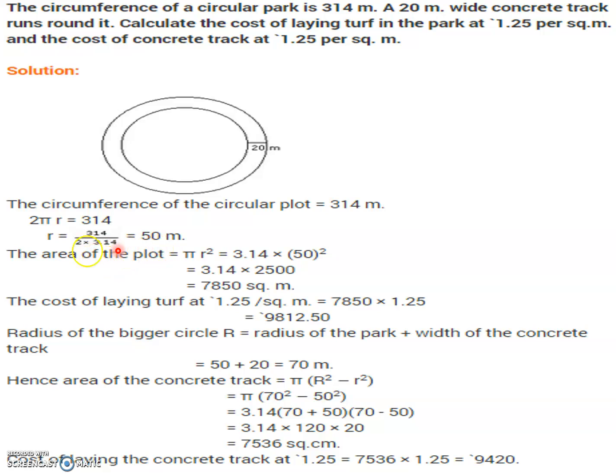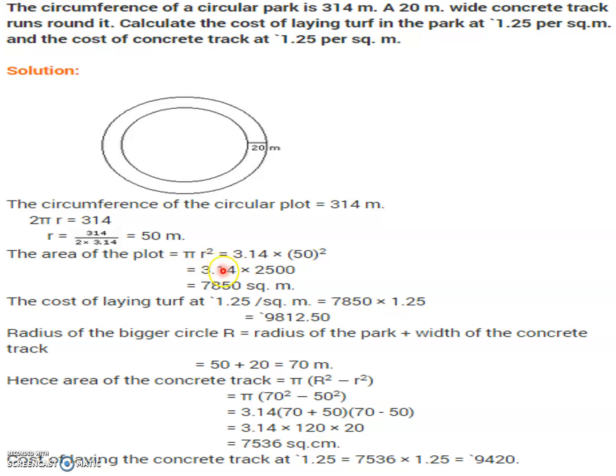So it is easy, we define r as 50 meter. Once you define the radius, it is easy to find the area of the circular region. That is our plot. Therefore, the area of the plot is equal to pi r square, 3.14 into 50 square.